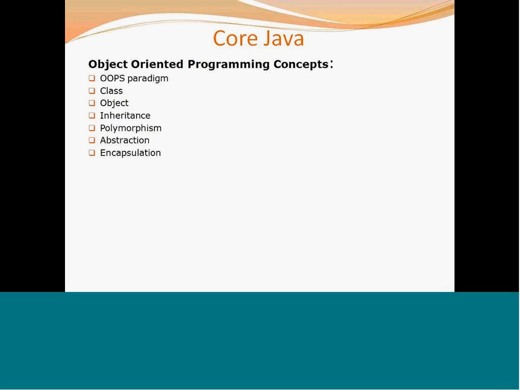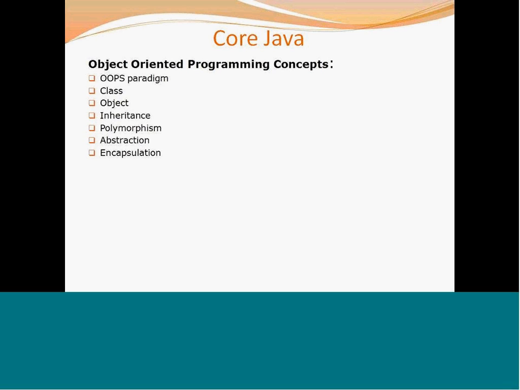After the introduction part, we will go to the object-oriented programming concepts which Java is actually based on. Before Java we had procedural programming languages. Programming languages have different paradigms, meaning how the compiler is designed and how the program is conceived in each type of paradigm.